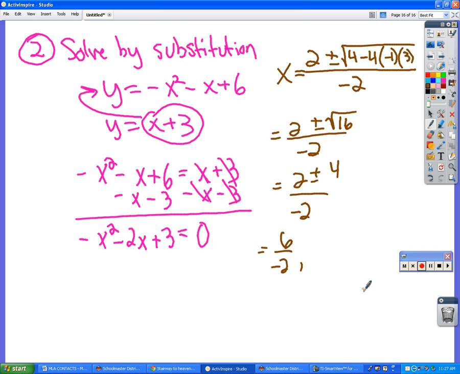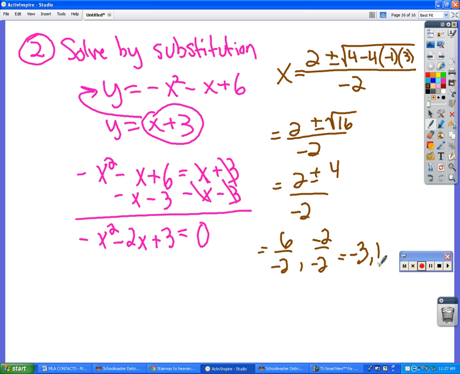And then 2 minus 4 is negative 2, over negative 2. 6 divided by negative 2 is negative 3, and negative 2 divided by negative 2 is 1. So my two answers are negative 3 and 1.